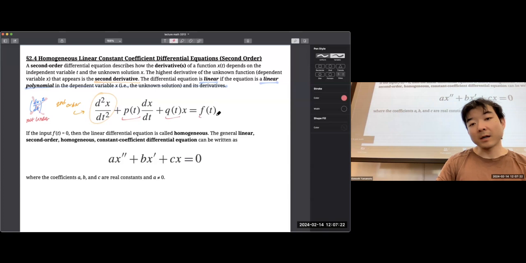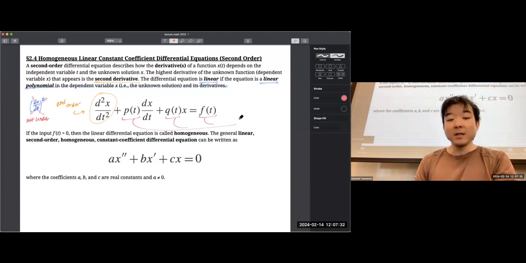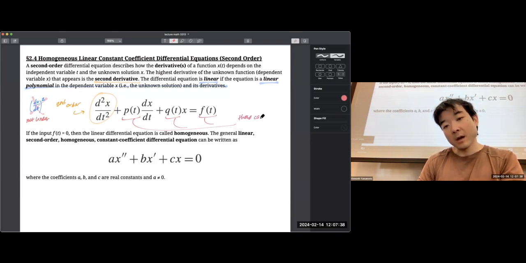However, these functions right here, which are your coefficients, we used to have just one coefficient, but now we have a p of t, a q of t, and an f of t. These don't have to be linear, so these can be nonlinear. They can be whatever you want.